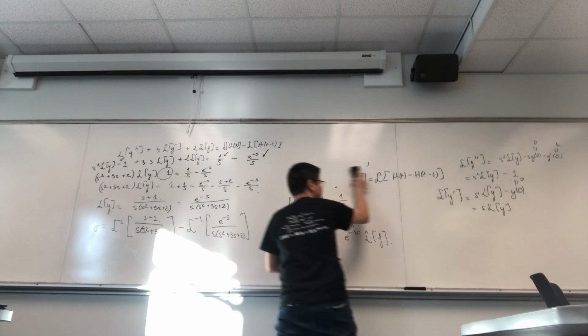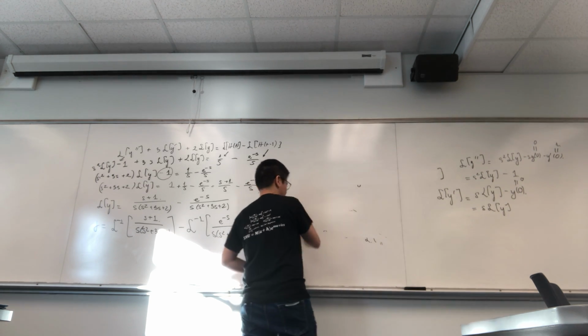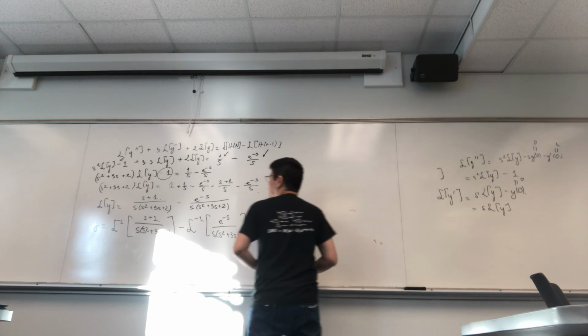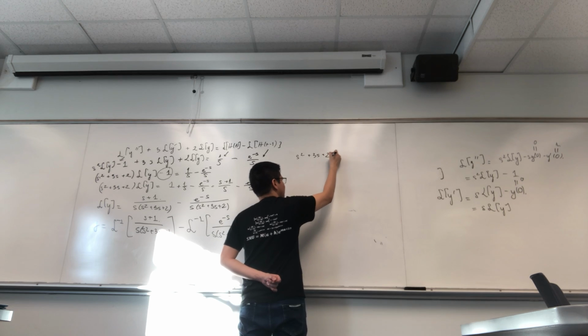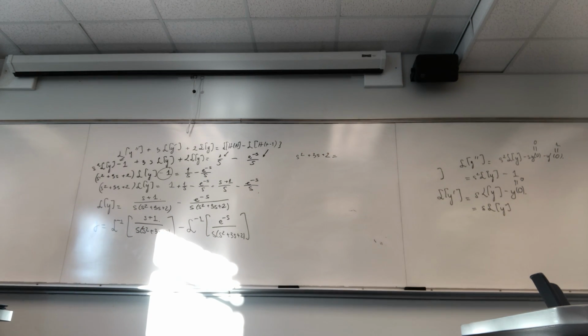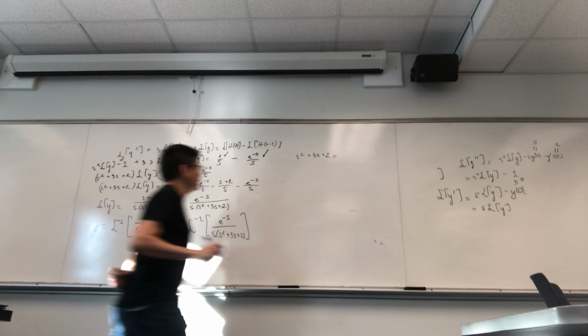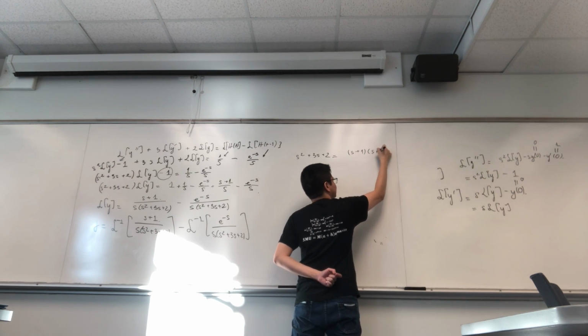So now I'm going to have to factorize this s squared plus 3s plus 2. So s squared plus 3s plus 2 will be what? s plus 2 and s plus 1. So s squared plus 3s plus 2 will be s plus 1 times s plus 2, right?